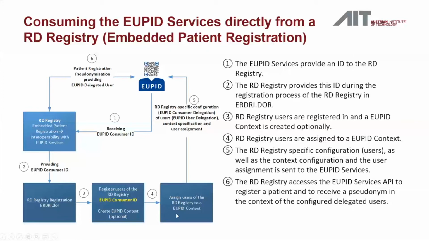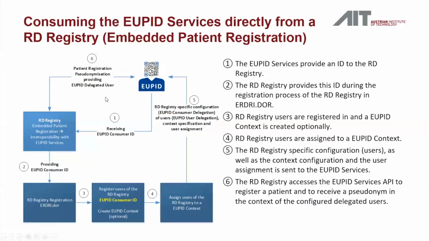This configuration, the users, the EUPID context if we created a new one, and the assignment of the users related to the rare disease registry, is all sent to the EUPID Services Management API by the ERN platform and is then configured in the EUPID services. This allows the rare disease registry to establish this interoperability to the EUPID services and do a patient registration specific to a delegated user.